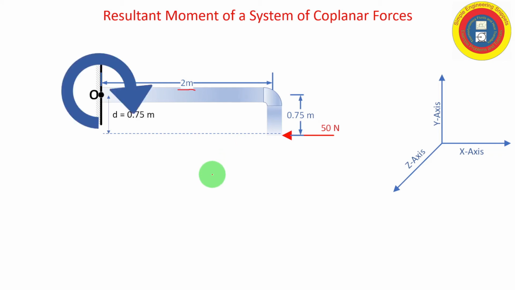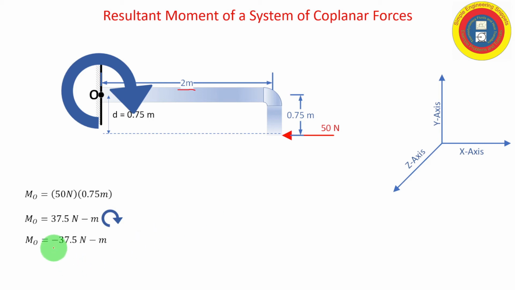And so, again, the direction with my right-hand rule is going to result in a twisting moment in the clockwise direction. If I use the right-hand rule, my thumb will be pointing into the screen. So again, this is going to be negative. And doing the arithmetic, I get that the corresponding moment is 37.5 Newton meters.